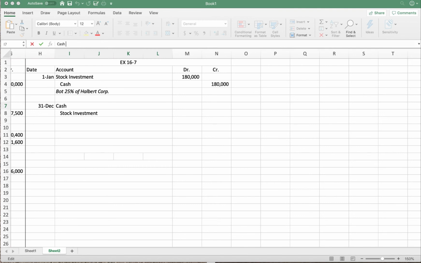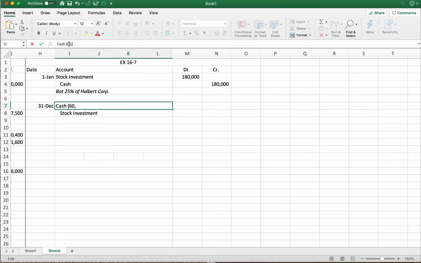So what I'm going to do is calculate how much cash we actually received. Well, I know I got 25% of that corporation's cash dividend.